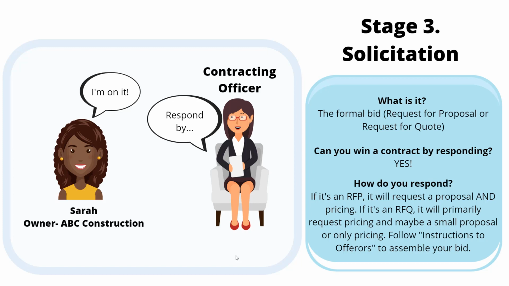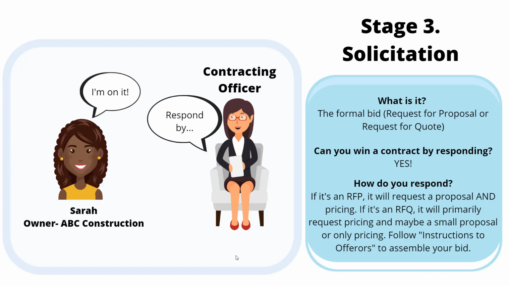So the majority of your response is going to be focused on your price. And like I said, they may have a short write-up that they want you to include, maybe some management approach or quality control plans, some basic templates like that. And then they're going to look at your price. So that's really the difference between an RFP and an RFQ, but you're not going to see that in beta.sam.